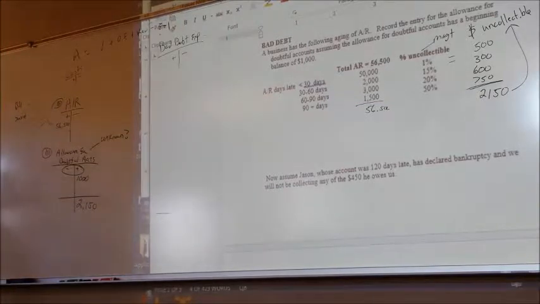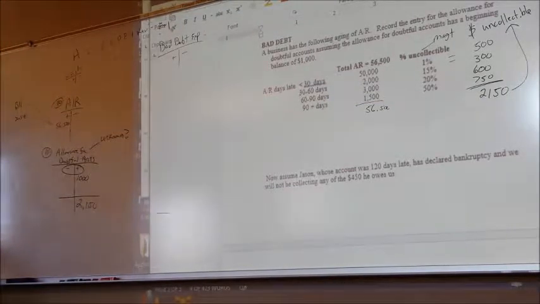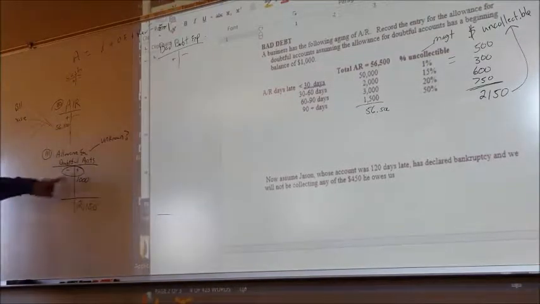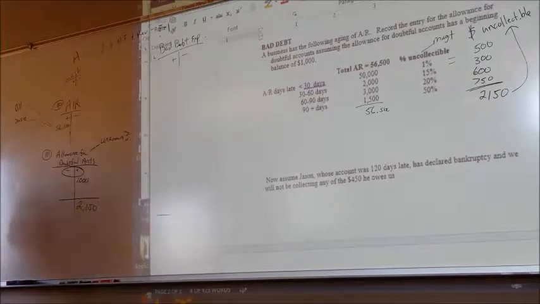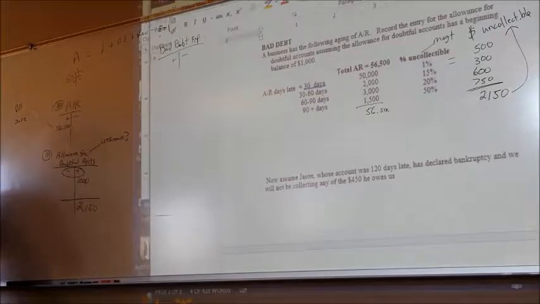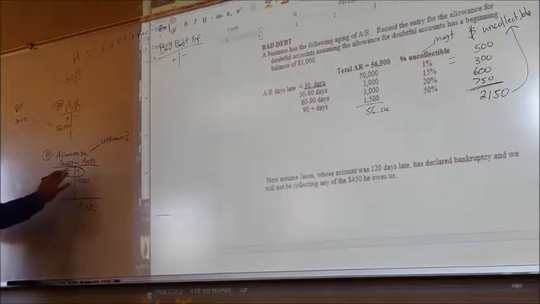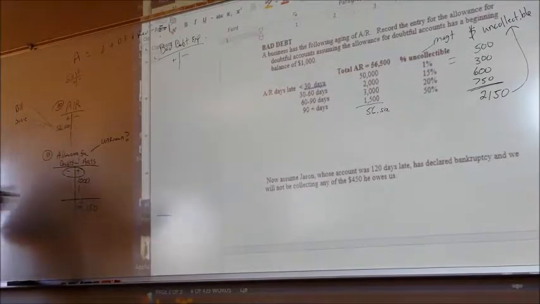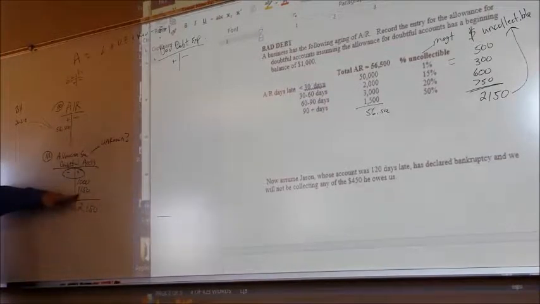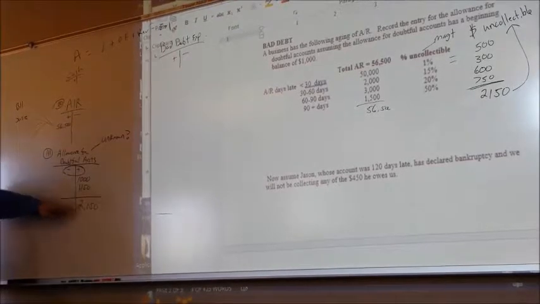Now I need to do the journal. What do I need to do to get from 1,000 to 2,150? Add it or subtract it? Debit or credit? Credit. Very good. I need to add 1,150 to the 1,000 to get to 2,150.